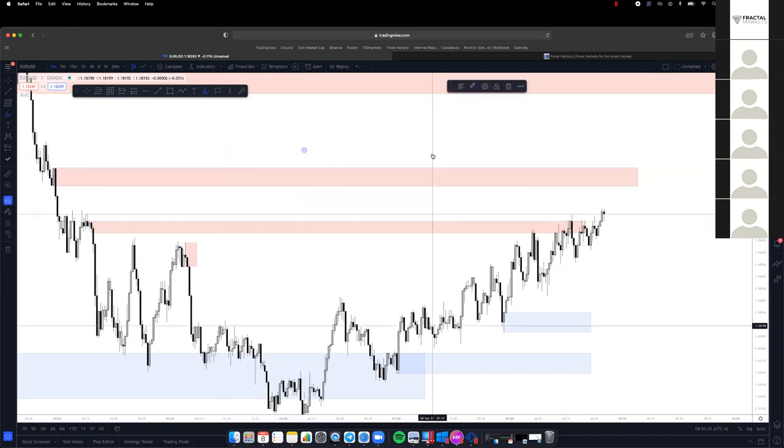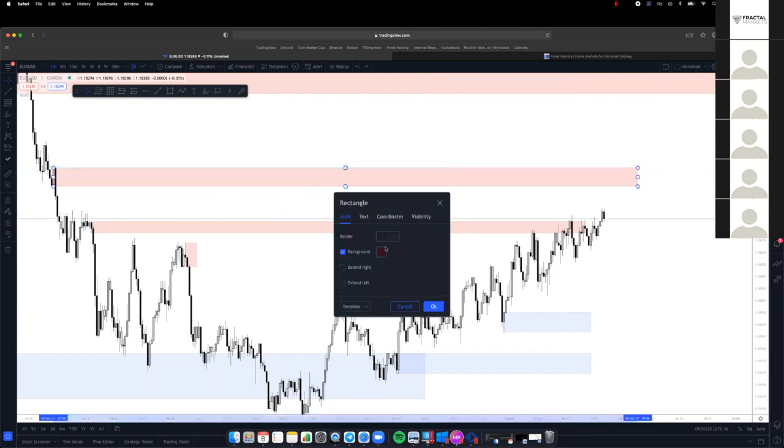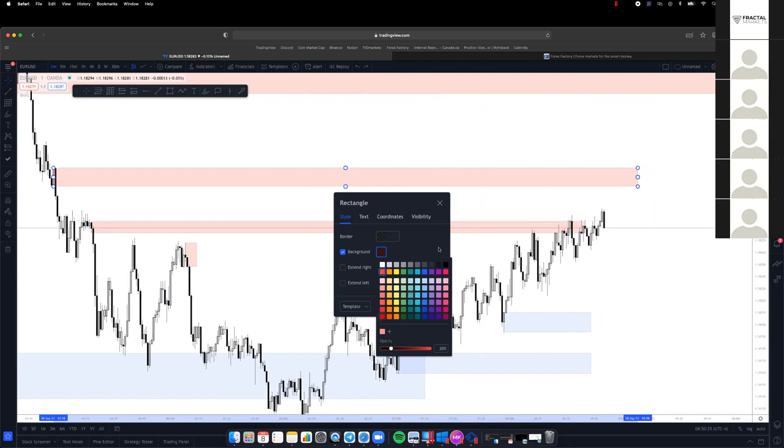Let's just go like this. Supply, this red right here, 20%. Cool, 20%, this red, that's my supply. You can save your template.